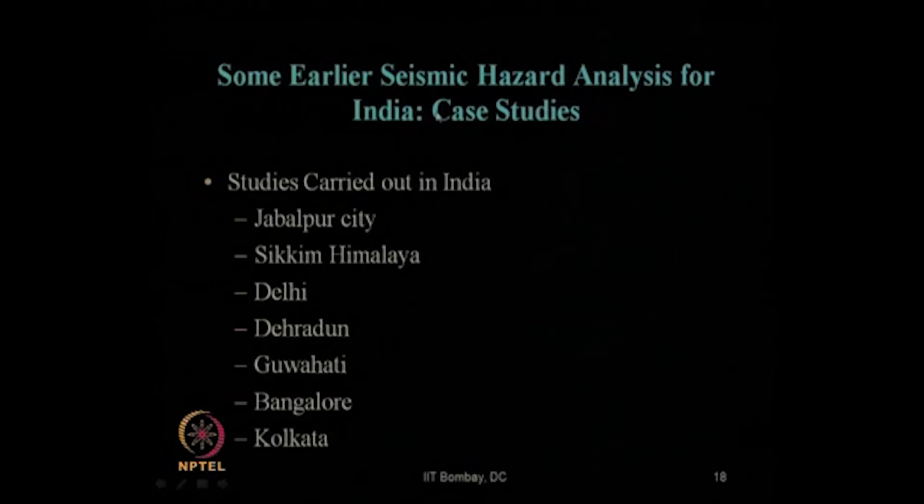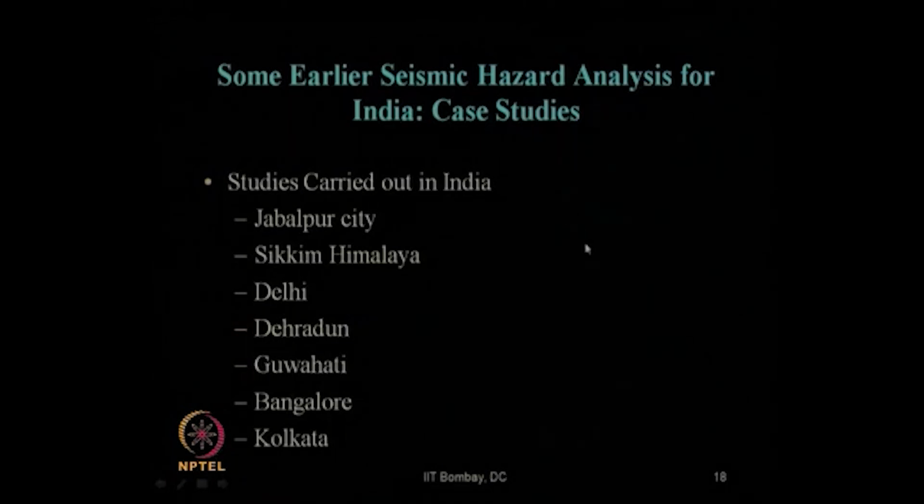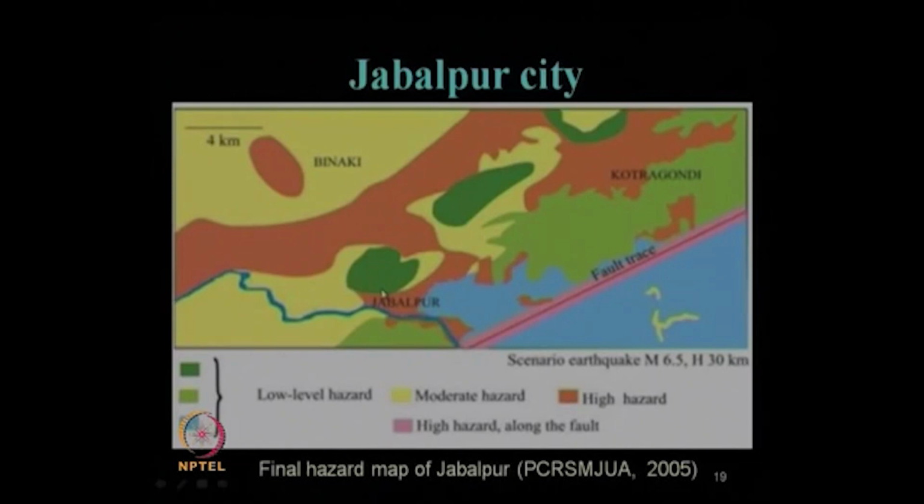As we have seen, there is a severe mismatch for some particular return period values compared to the IS recommended values of spectral acceleration for design. So, this is the seismic hazard map prepared for Jabalpur city as per this reference.